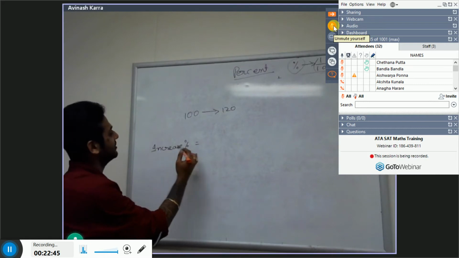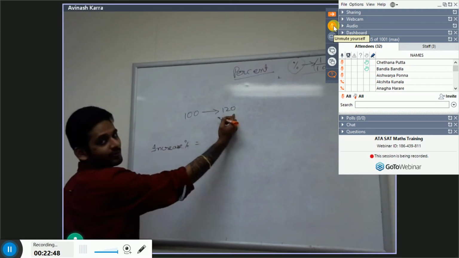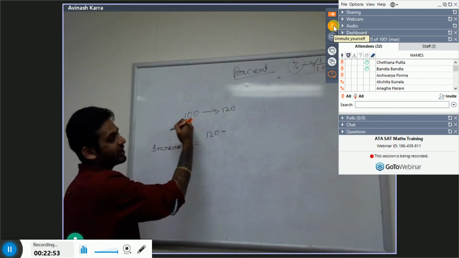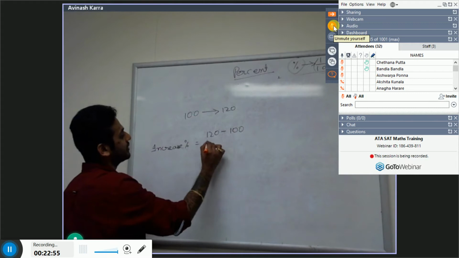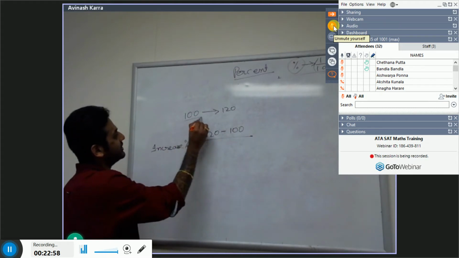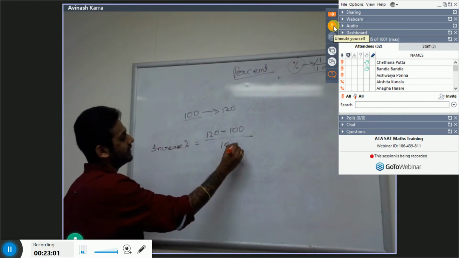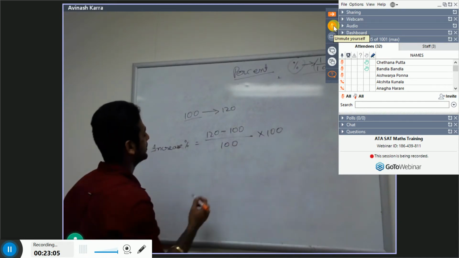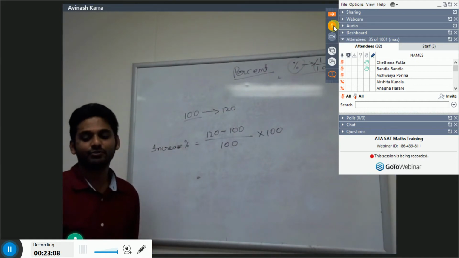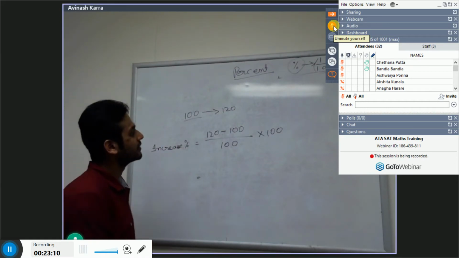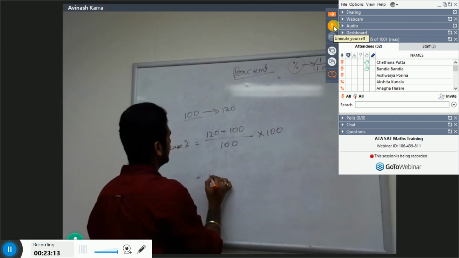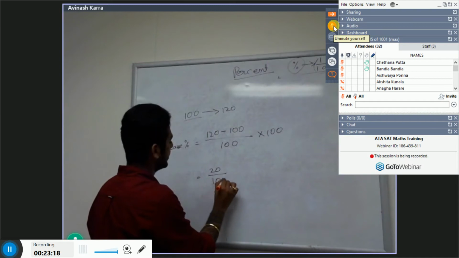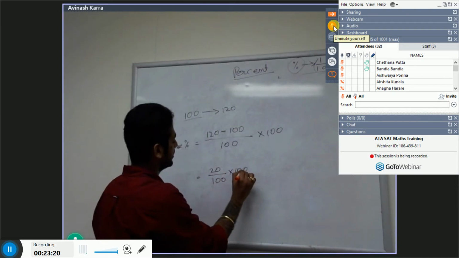Increase in percentage is equal to, what is the final value? 120 minus initial value 100, by initial value, initially it is 100, right? So 100 into 100. If you simplify it, 20 by 100 into 100.